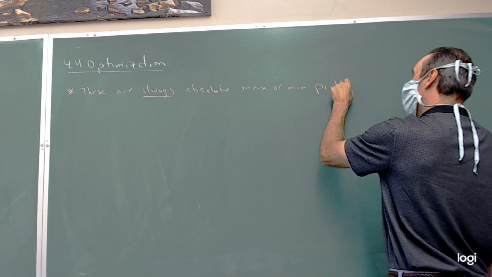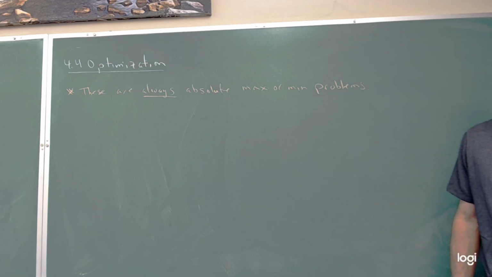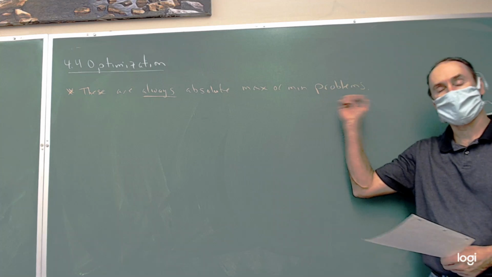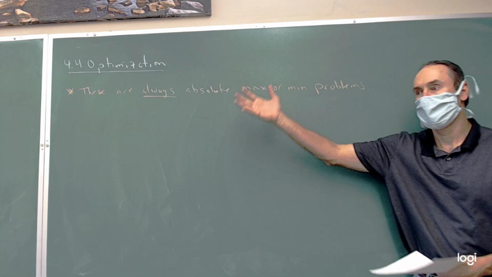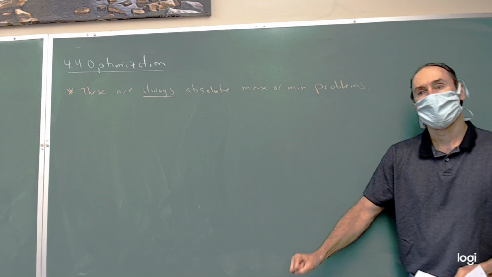So even if it does not say you must justify your answer, you must justify your answer. So you have to say, why is that the absolute maximum, whatever they're being asked? Or why is that the absolute minimum?